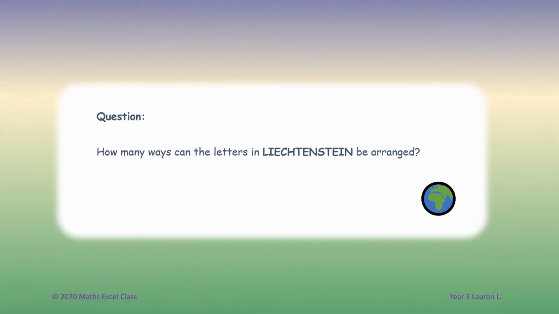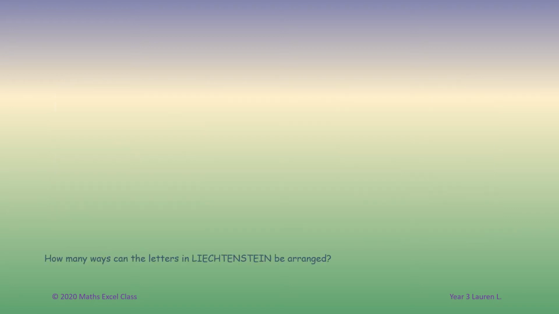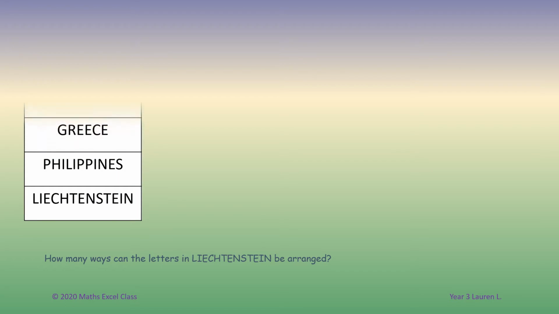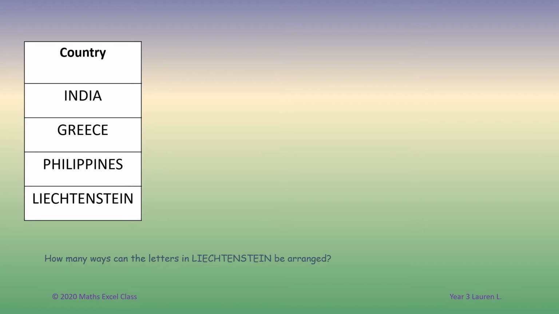How many ways can the letters in Liechtenstein be arranged? Since Liechtenstein is such a long word, we will start off with some simpler country names, including India, Greece, and Philippines.